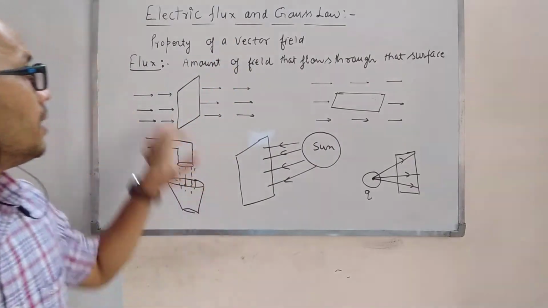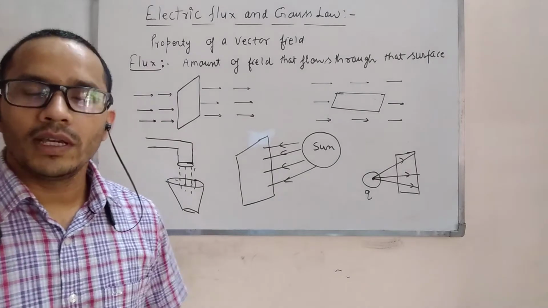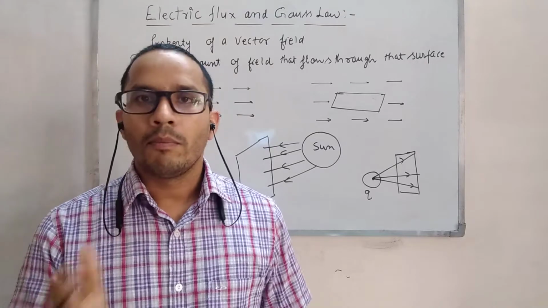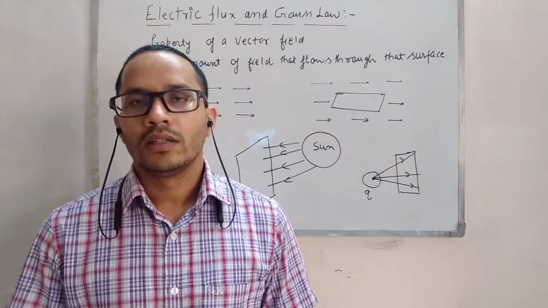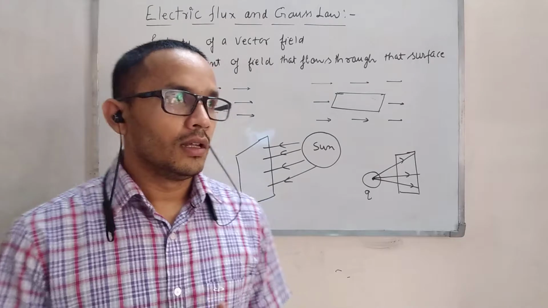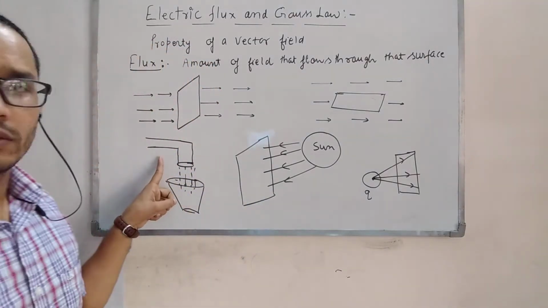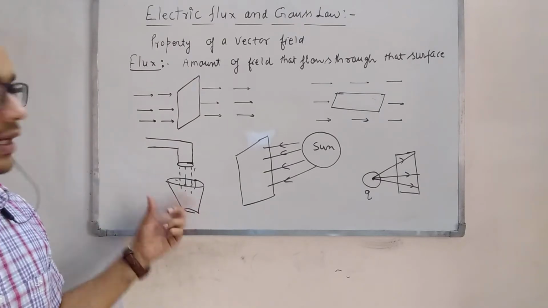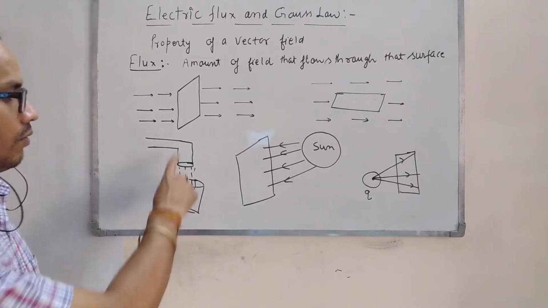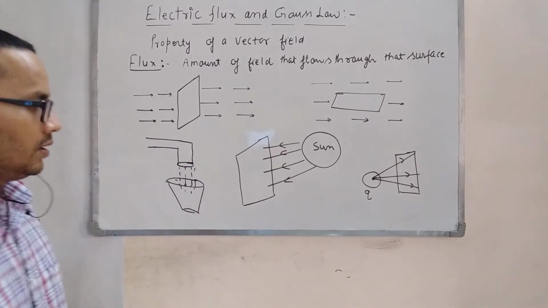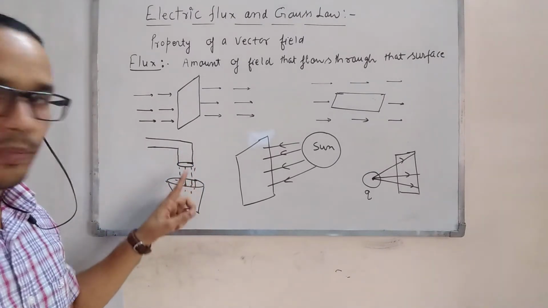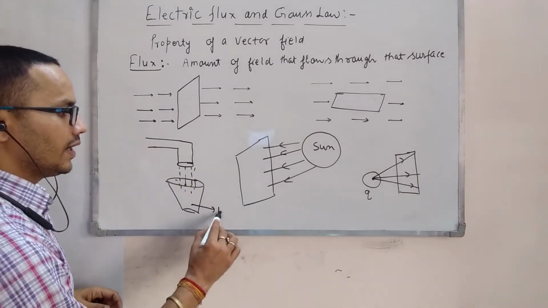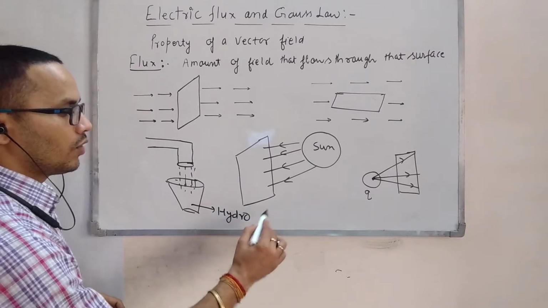Now, basically, if I say flux, it means a certain amount of energy or a certain amount of the field passing through any surface area. This is called the flux. Let's say we have this tap and this bucket. If I put this bucket down, then the number of water droplets falling per second from the tap is known as hydrostatic flux, or water flux, you can say.